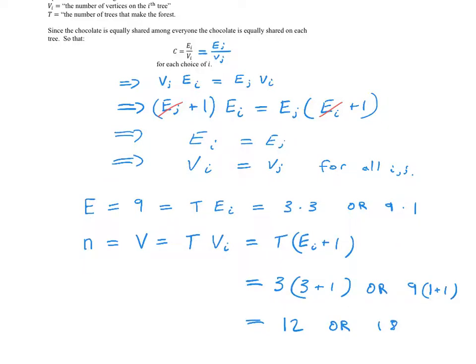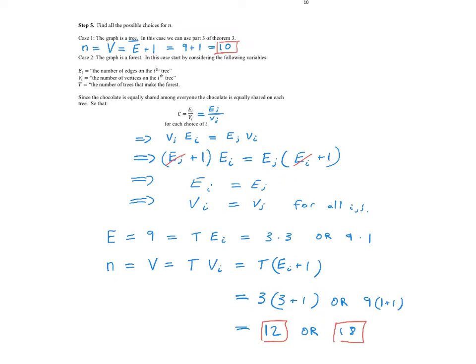So there are 3 possibilities. Our problem, when analyzed in this way, has restricted us to only these 3 possibilities. It can only be 12, 18, or 10.